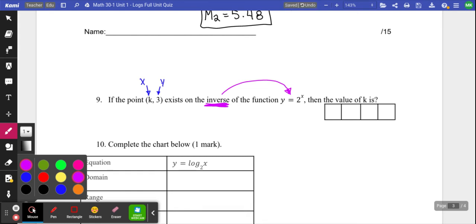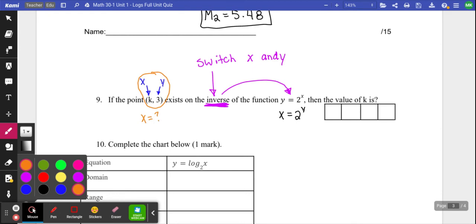Inverse means switch x and y. So if it's on the inverse of that function, it's actually on this function, x equals 2 to the power of y. I switched the x and the y. All right, well, k is x, and they told me that y equals 3.